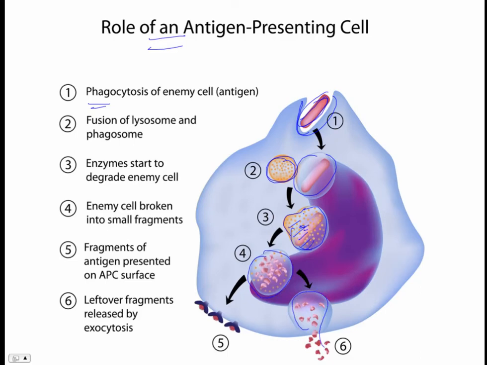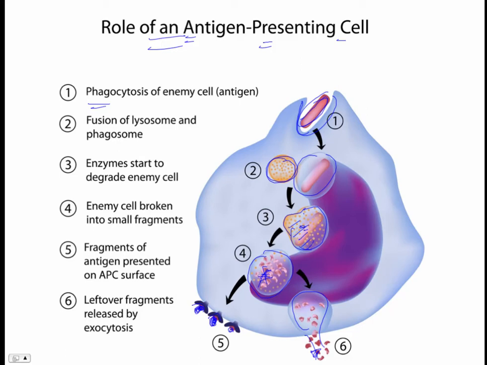The majority of that we're going to release back into our body. It's not going to mount an immune response. But of course, it's also going to present some portion of that degraded pathogen on the surface of the cell, which is why it's called an antigen presenting cell. Now, each of these antigens are not going to be exactly the same. This could be part of that flagella.